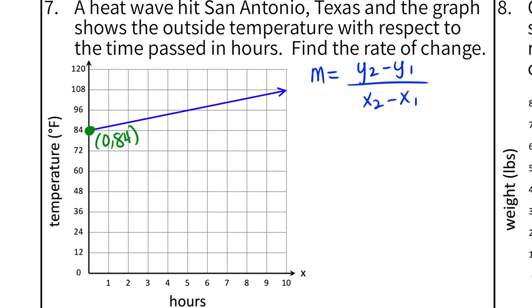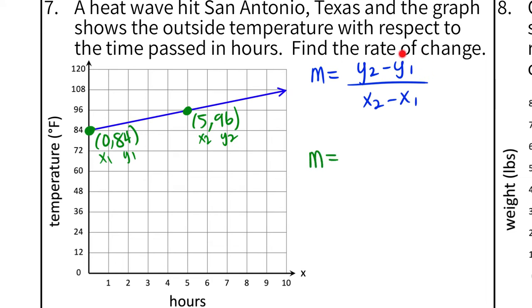Okay, now we just have to find another point. From there, I'm just going to follow the line until it goes through the corner, which right here looks like a good point. So make sure you read your graph correctly. That's going to be at (5, 96). Okay, now that I have 2 points, we can say x1, y1, x2, y2, and plug these in.